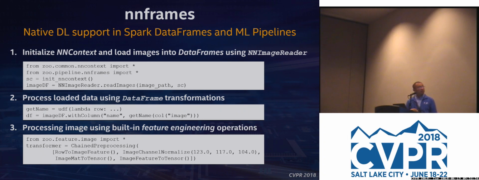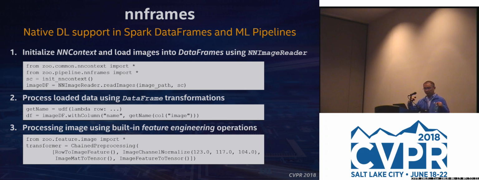And once you have the data in a data frame, you can use the data frame operations to process the data. So data frame is kind of like a SQL relational table with many different columns. So it's very easy for you to process your data. For instance, you can get the name of the image and use the name to generate a new column.